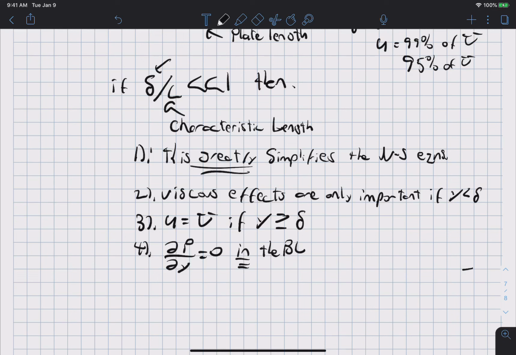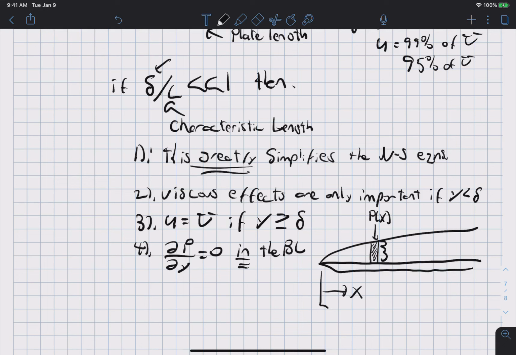Okay, and so if I draw a little flat plate here, and then the boundary layer, at any x location, the pressure is uniform in y. Okay, and so this is P as a function of x.